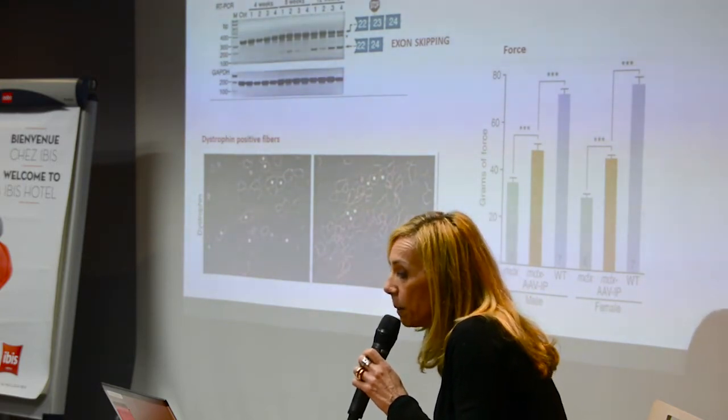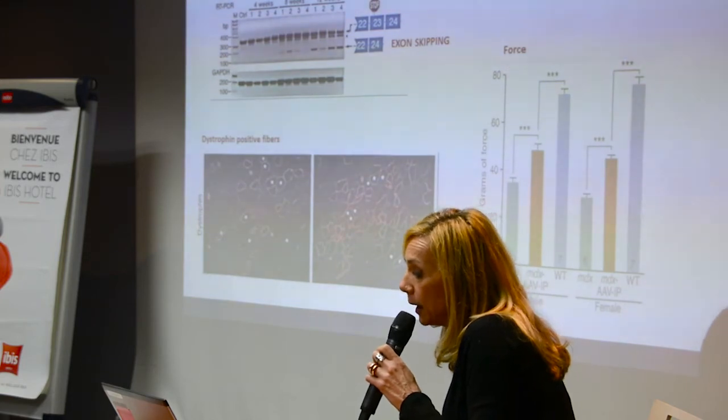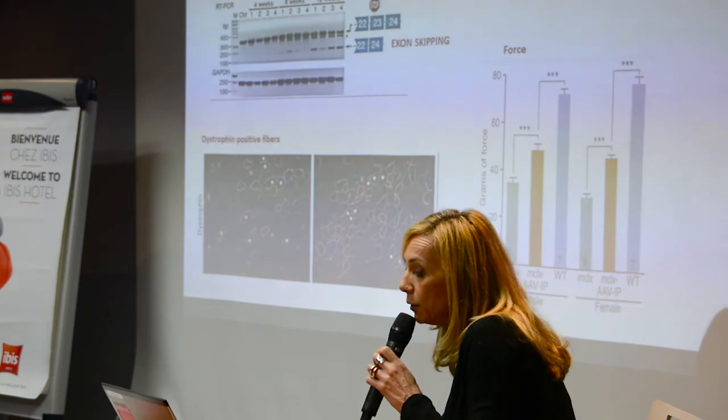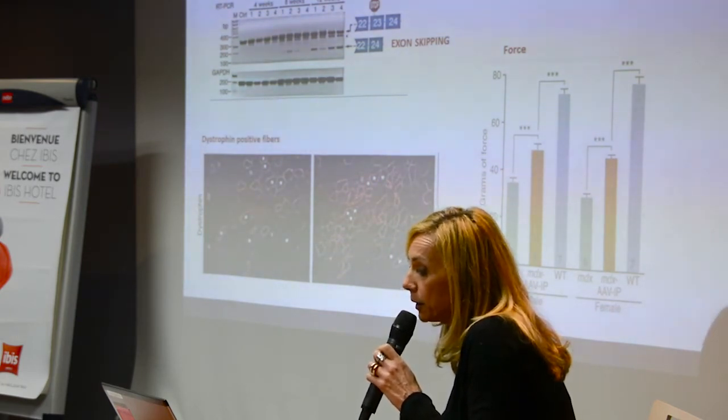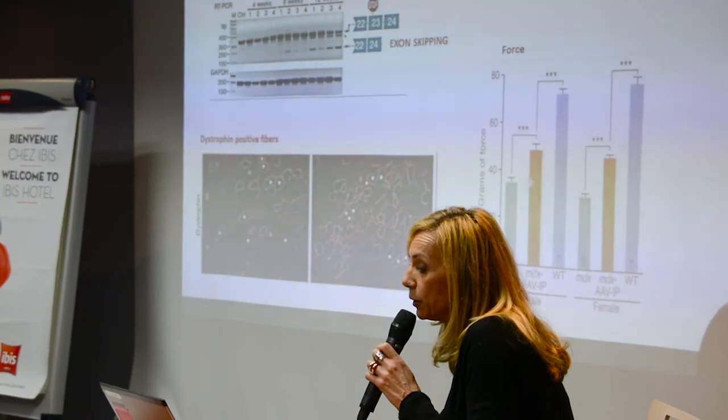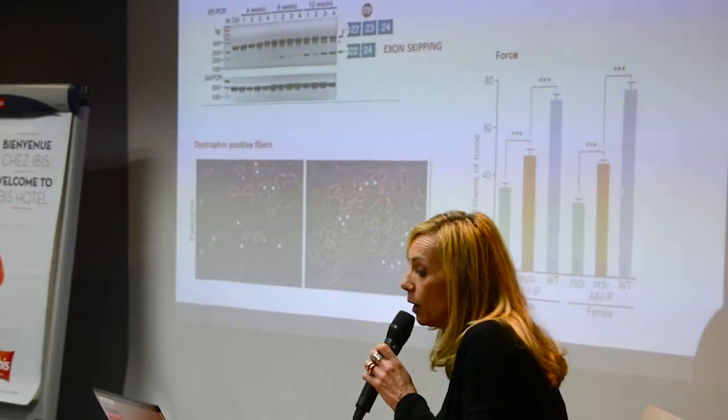They also investigated force in male and female mice injected with AAV by the intraperitoneal route. This is MDX force, this is MDX with AAV, and this is wild type. You can see a significant improvement of force.